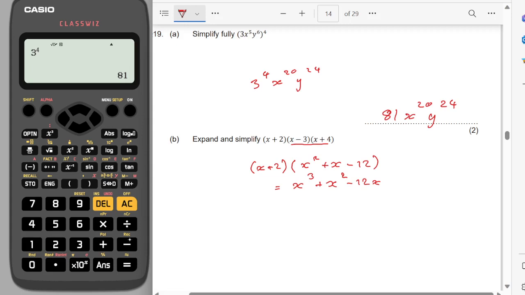So 2 times x squared would be 2x squared. And then 2 times by x would give me 2x. And then 2 times by minus 12 would give me minus 24. And then I'm adding these two together. So that would give me x cubed plus 3x squared minus 10x minus 24.